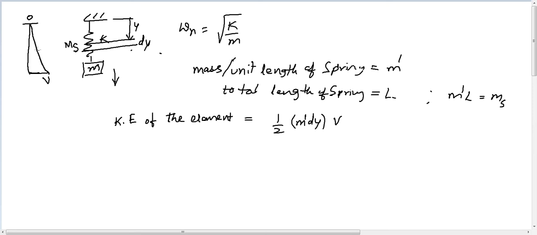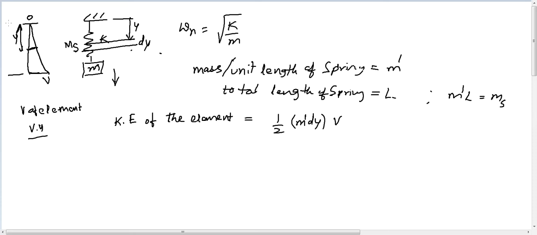So at this location we will have some velocity, and that velocity of the element is nothing but v into this distance y by the total distance.